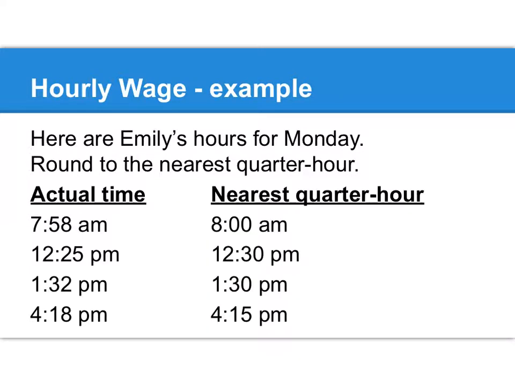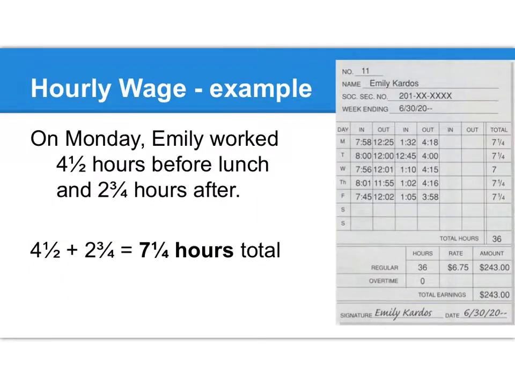Hey, look at that, there are those hours again. 8 to 12:30 and 1:30 to 4:15, and from that we would figure out how many hours she worked, and you know what, we're going to do that. Because here is Emily's time card for the whole week, and we can go through the whole week, but Monday is really what we are interested in. That 7:58 to 12:25 part amounted to 4.5 hours of work in the morning.